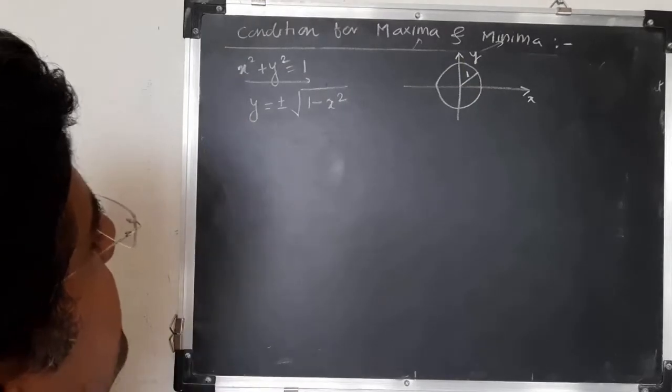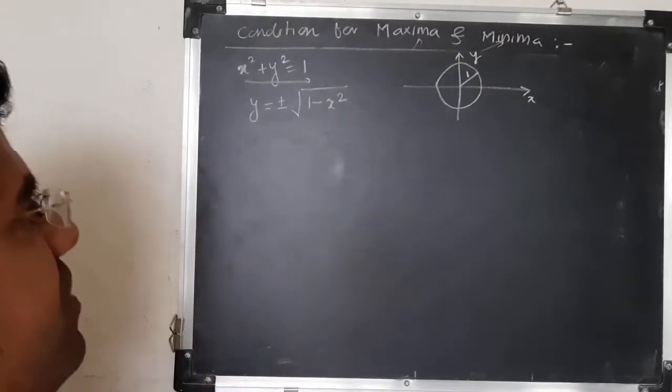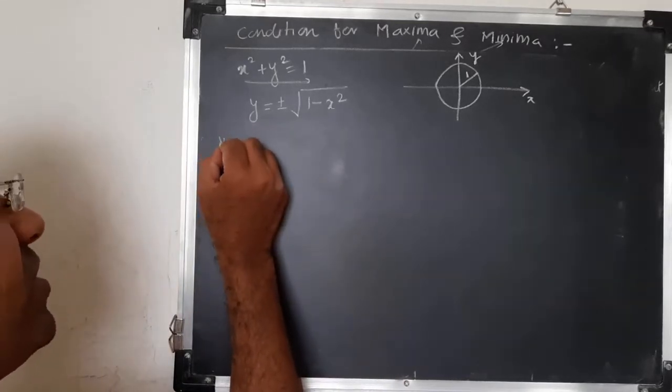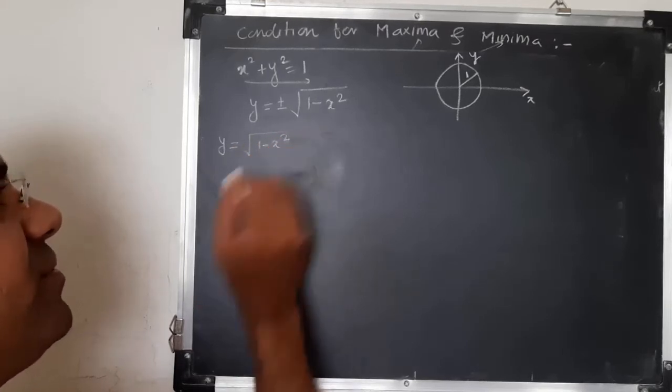Now in this case I can take the first derivative of this particular function. So y is equal to under root of 1 minus x square.